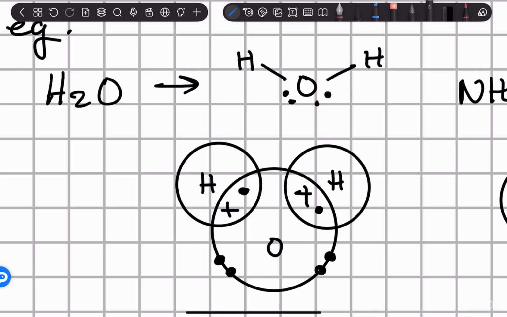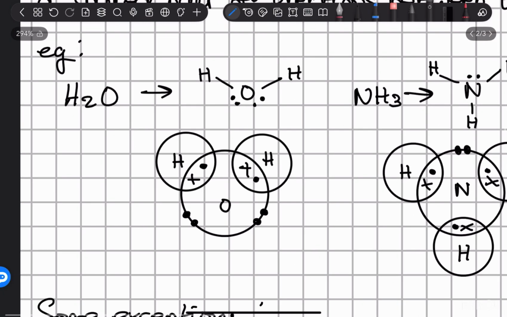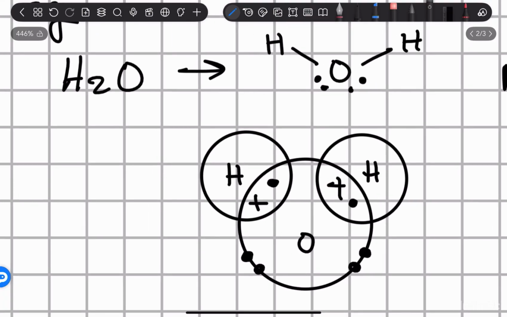You draw them individually. You always have to draw lone pairs. It's very necessary. Basically it helps you to determine the shape of the molecule. I've drawn the shapes here, but you will need to draw the lone pairs when you're writing the molecule, so that you know what shape to expect from that molecule.